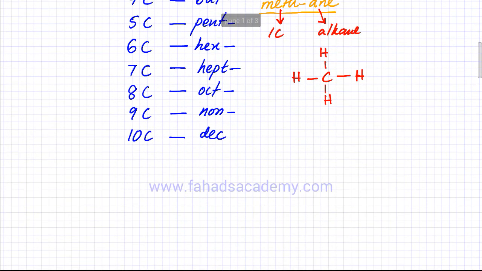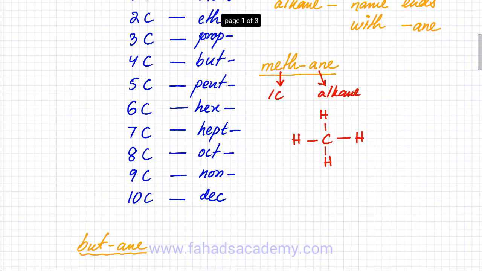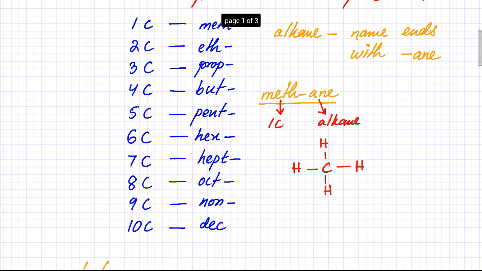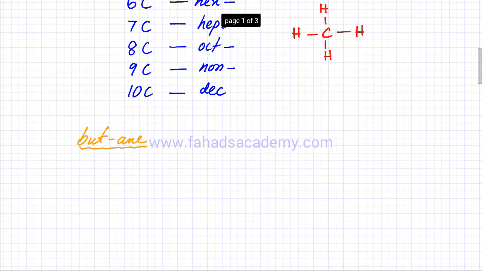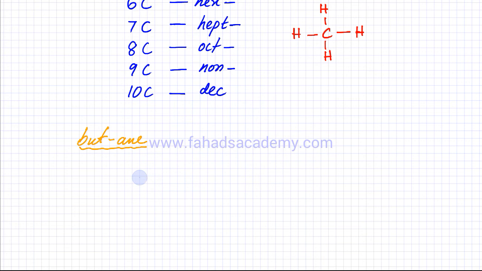We can do more examples. Let's say we want to know what butane would look like. Again, I'm breaking up the name. Now, BUT stands for, if you look at this table, 4 carbon atoms. We can underline this. BUT stands for 4 carbon atoms. So this particular molecule is going to have 4 carbon atoms. So you can draw 4 carbon atoms.